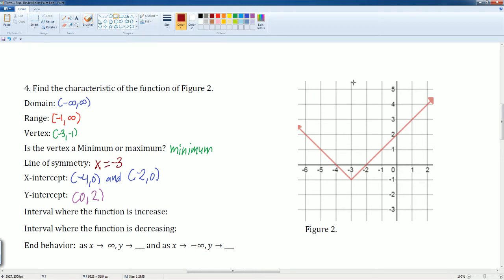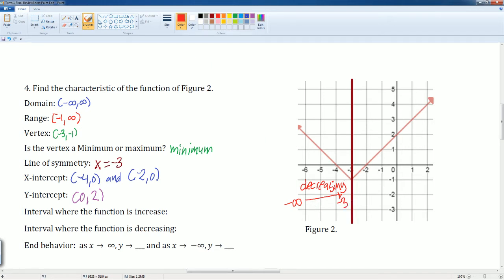Next, the interval that is increasing and the interval that is decreasing. Let me draw back my line of symmetry. We will see that it is decreasing here on the left hand side, and it goes from -infinity all the way to the number here, -3.